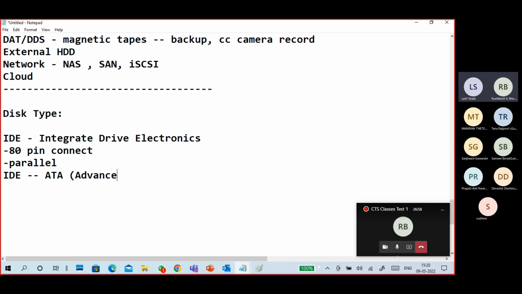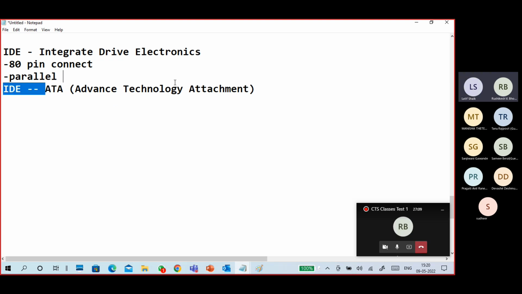ATA, Advanced Technology Attachment. Okay.